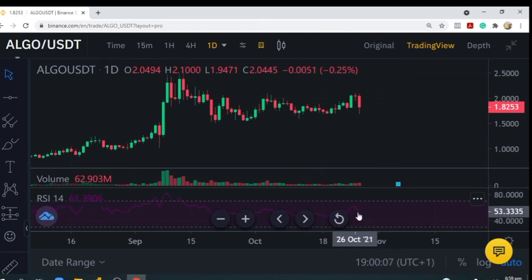At any point you see the asset below the 30 mark, you should be thinking of buying at that point, and if it is above the 70 mark, you should be selling. So that is the use of the relative strength index.